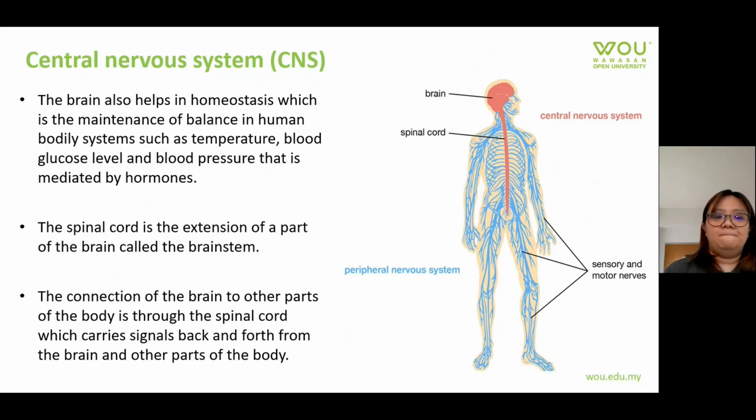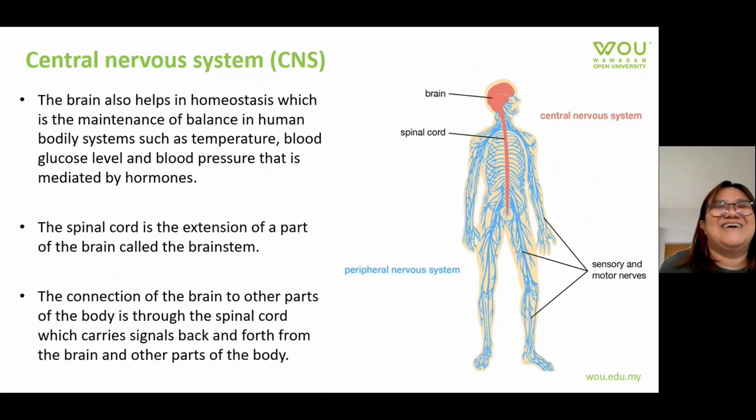After that, the second part of our central nervous system is our spinal cord. Our spinal cord is an extension from our brain, called the brainstem, and slowly extends to our back.